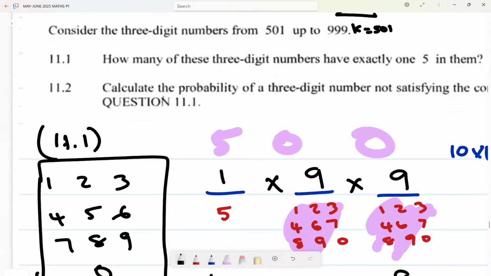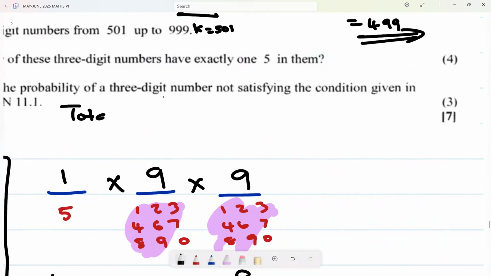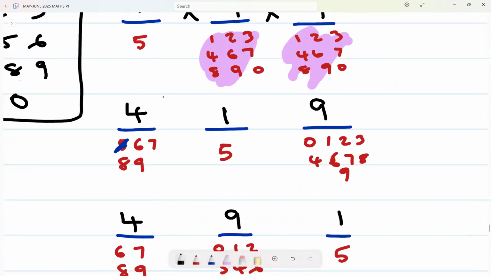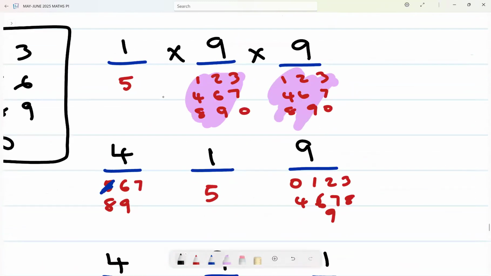So the total numbers that I have there, how many numbers do I have? I have 499 numbers. And of the 499 numbers, only 152 satisfy the condition.